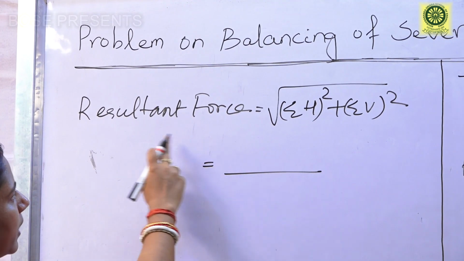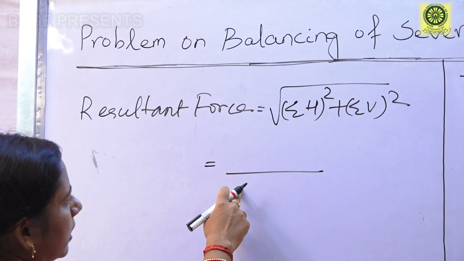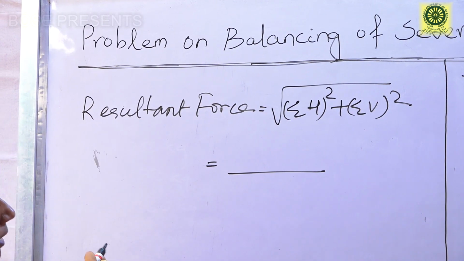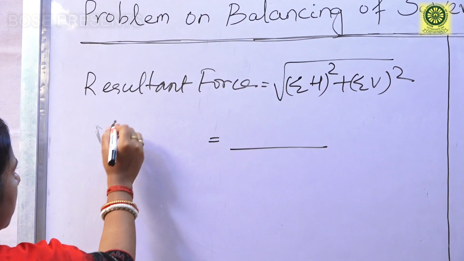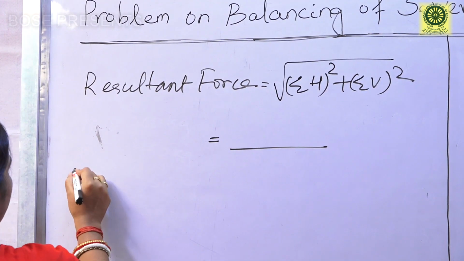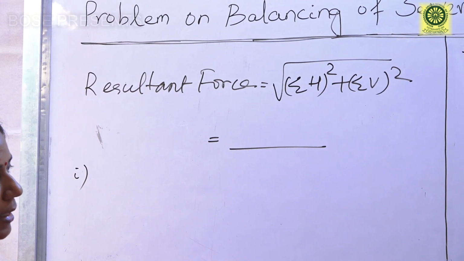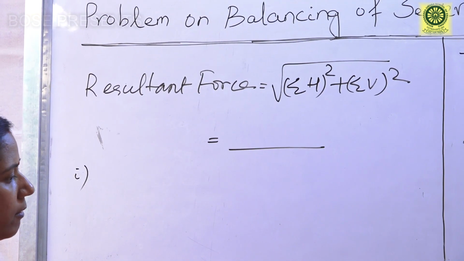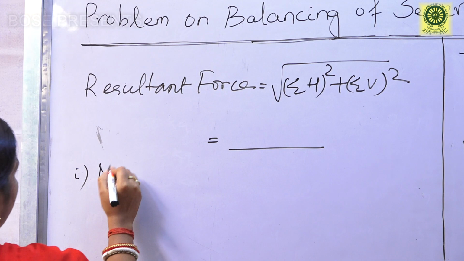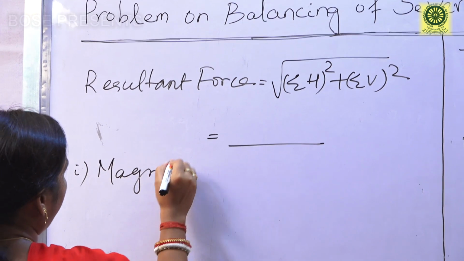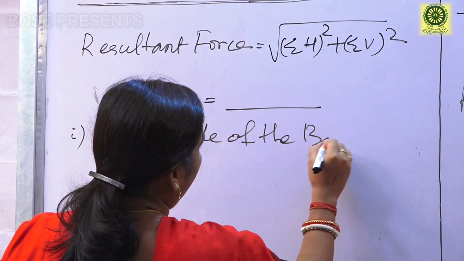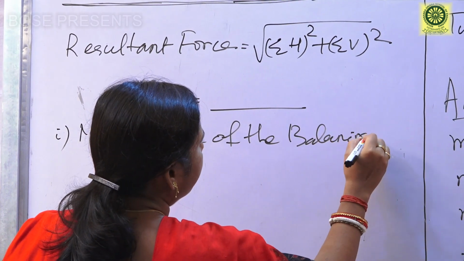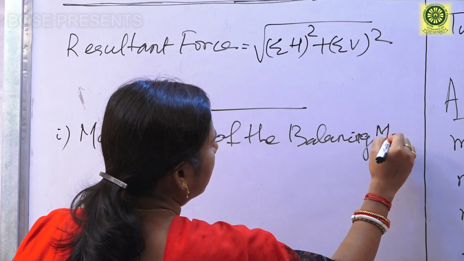Okay. After getting the resultant force, first you have to calculate, as given in the question, the magnitude of the balancing mass.